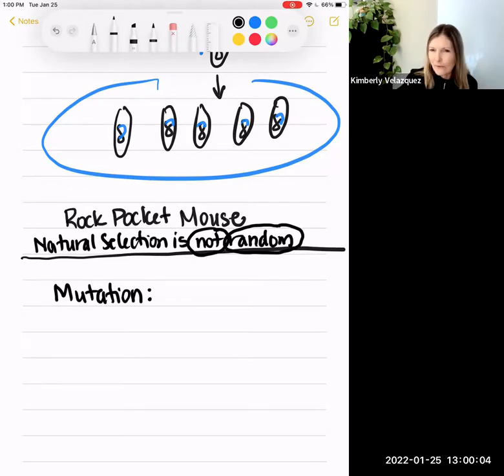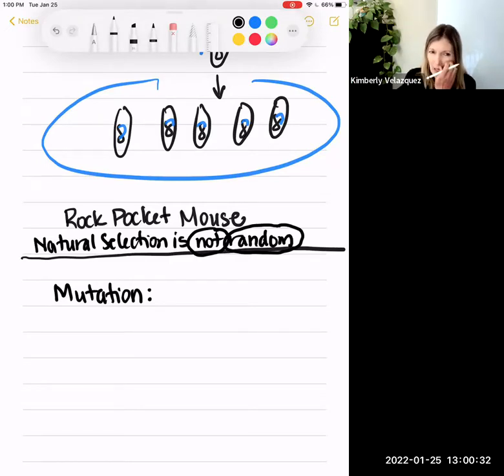In other words, it wasn't favoring one direction over the other. It was just random which one survived. Natural selection is saying the opposite. It's saying the environment is determining that one trait is more advantageous than another. That's not random. So if one fur color offers a survival advantage over the other, that is moving in one specific direction.